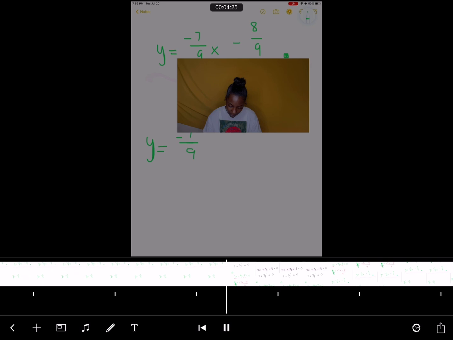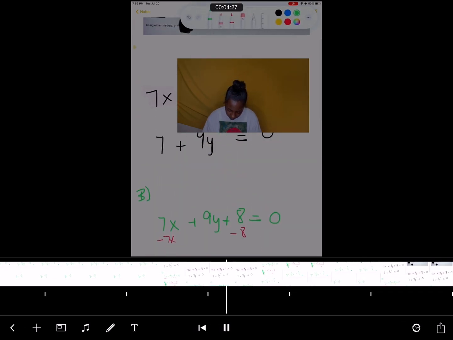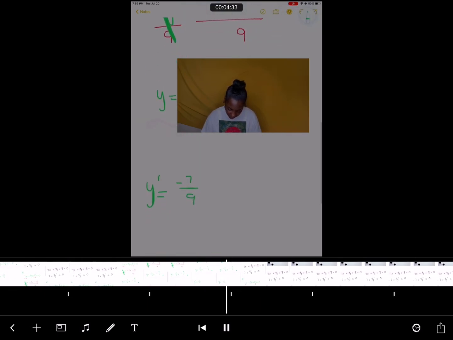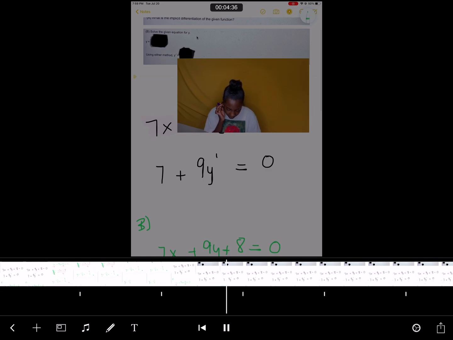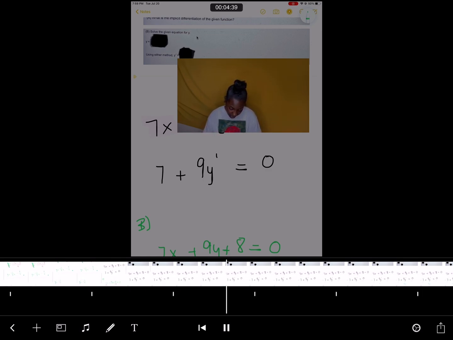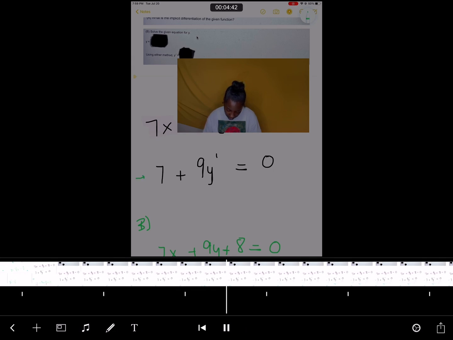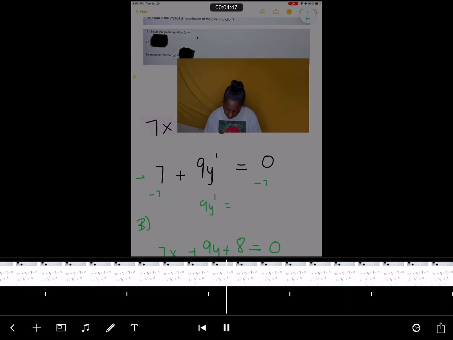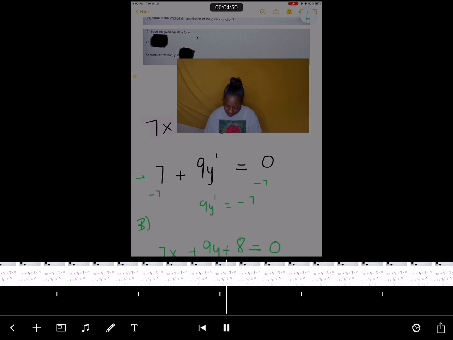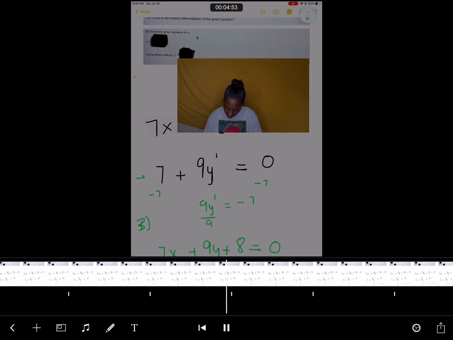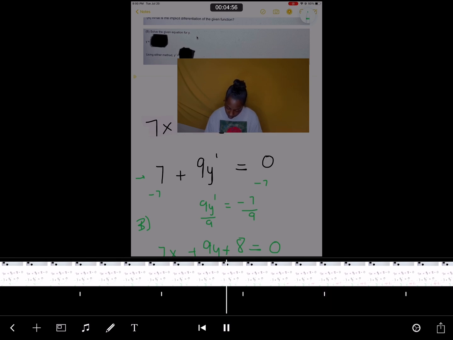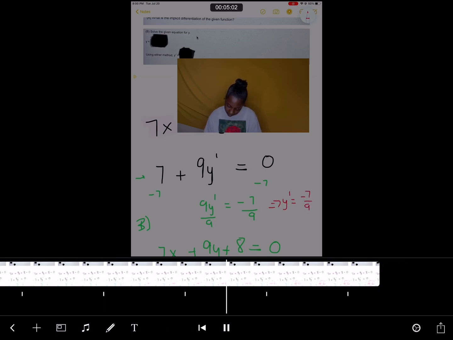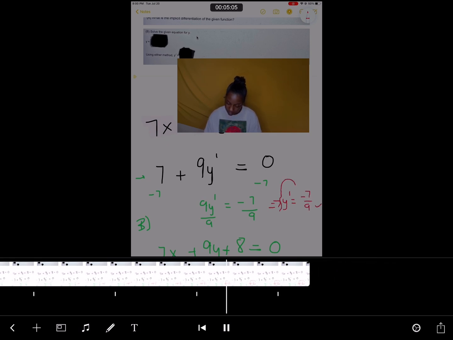We can check that with the first method: we need to subtract 7 from both sides, so we have 9y prime equals negative 7. To get y prime by herself, we divide by 9, so y prime is equal to negative 7 over 9. There you have it.